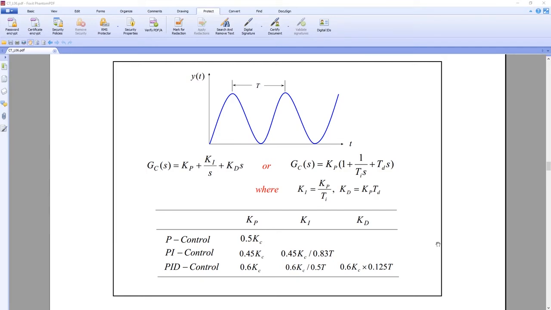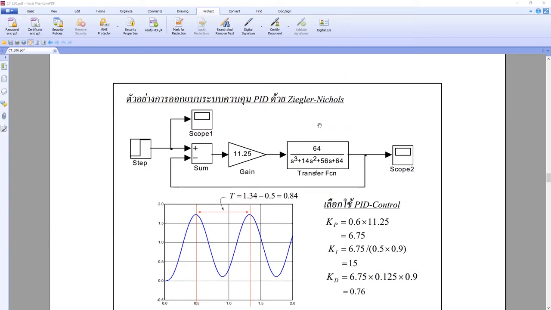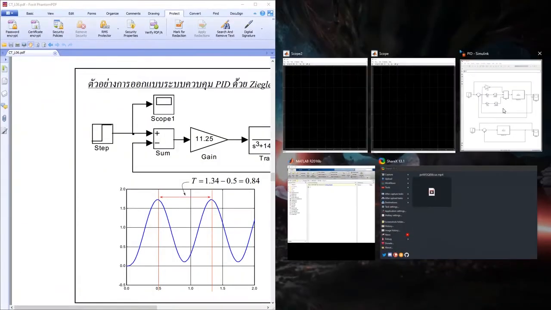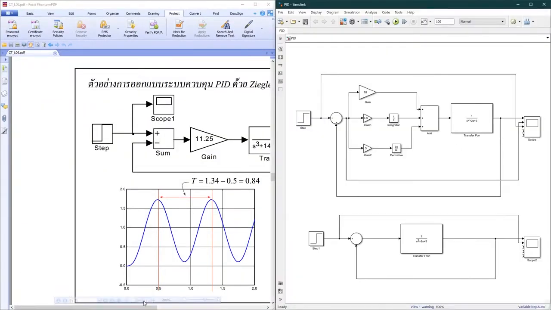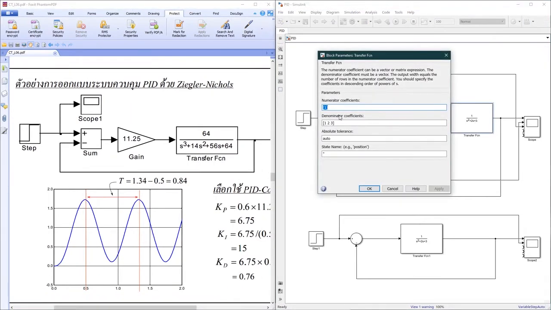Let's see the simulation. Okay, let's say the transfer function looks like this. I will simulate the model on MATLAB, and I will use the previous window and then change the parameters according to the example.